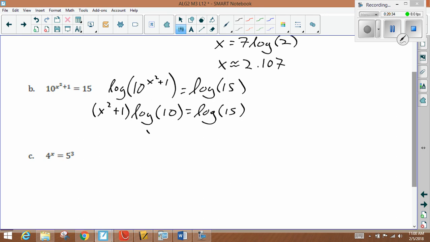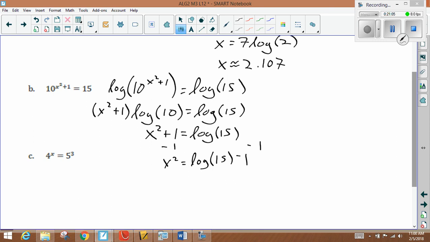So all I have left on my left side is x plus x squared plus 1. I've got to subtract 1 from both sides. I can't subtract it from that, so I'm just going to leave it as a minus 1 here. So I have x squared equals log base 10 of 15 minus 1.